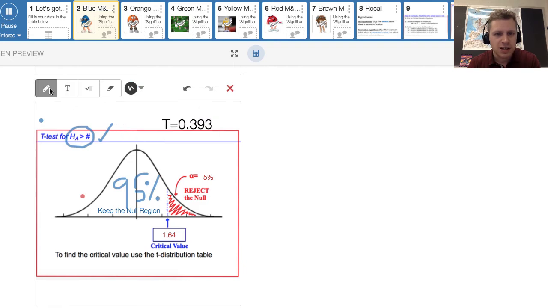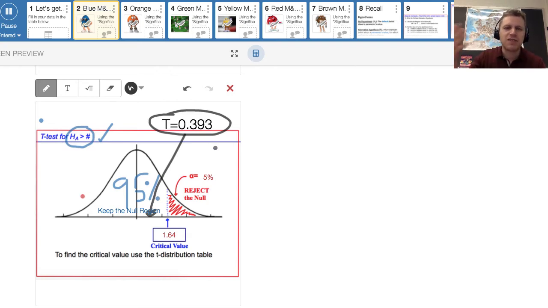0.393, is that bigger than 1.64, larger, or is it less than? Well, hopefully you know that this number here is less than 1.64. It falls about here. It's like halfway between 0 and 1, about. What it means is that what we got in our sample is only 0.393 standard deviations above the mean, which isn't that far off.